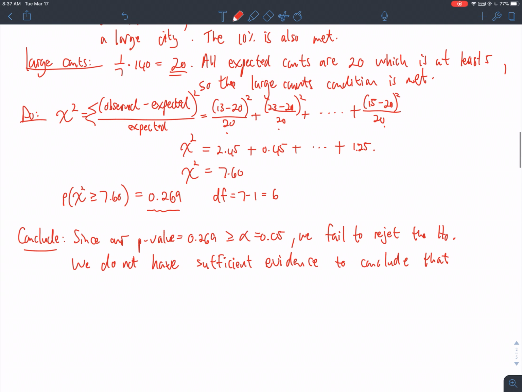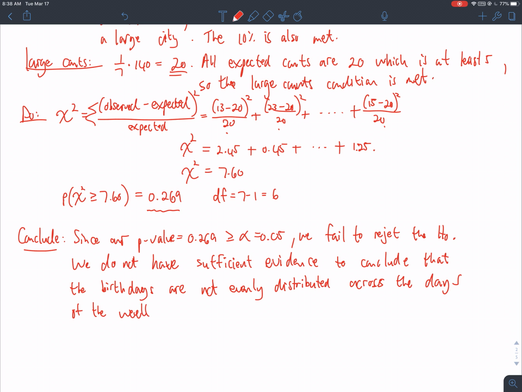It's a double negative, but okay. That the birthdays are not evenly distributed across the days of the week in this large city.